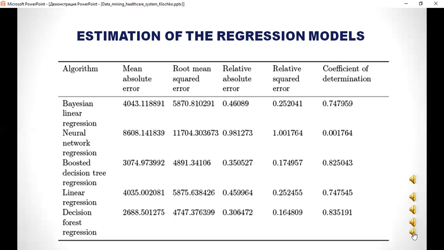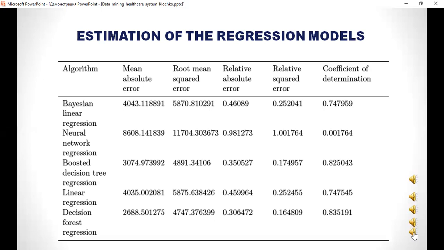Models obtained using linear regression and Bayesian linear regression are also adequate, as their coefficients of determination are 74.75% and 75.8%, respectively. The value of the coefficient of determination, approximately 0.002, for the model built on the neural network regression algorithm indicates that the model is inadequate.